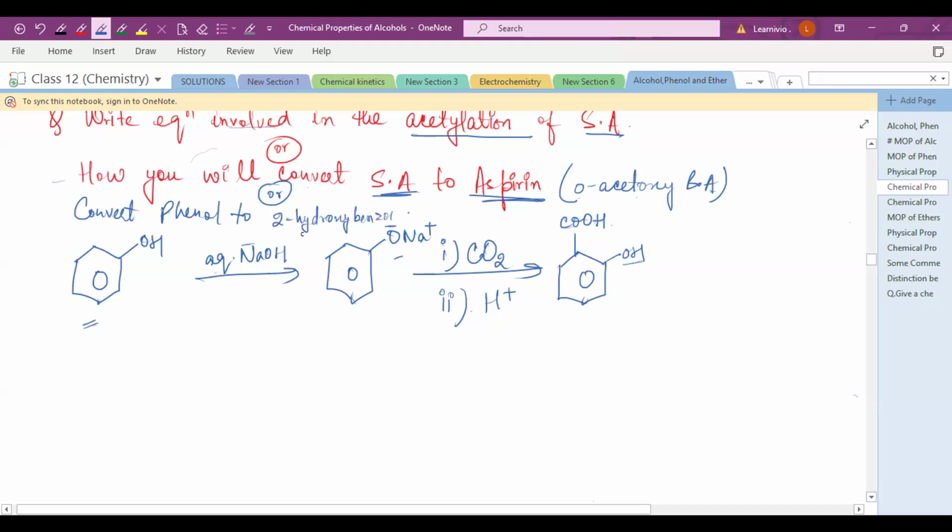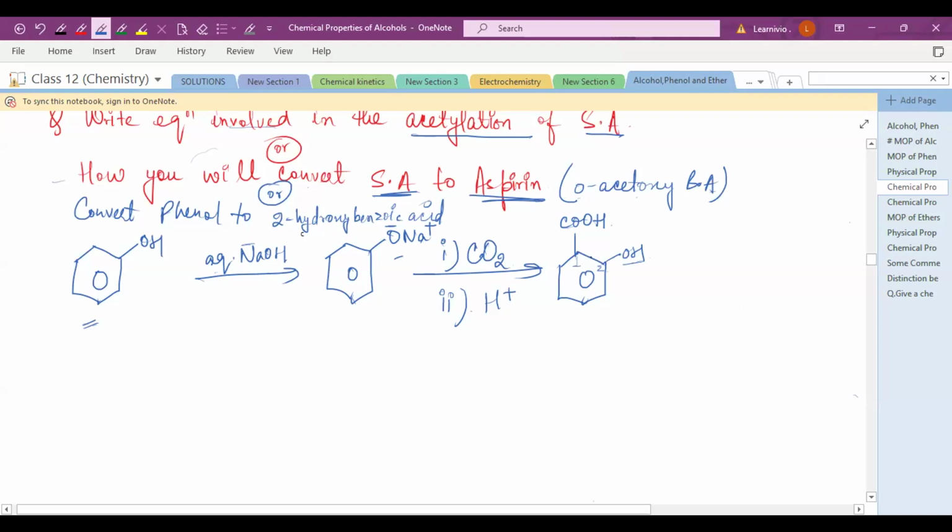So 2-hydroxybenzoic acid is nothing but salicylic acid. This one. You can see this is your benzoic acid, right? COOH is attached to the benzene, so it is a benzoic acid. Here, this is the first position and this is the second position. So how will you write the name? 2-hydroxy, since the OH group is hydroxy, and the whole thing is benzoic acid.